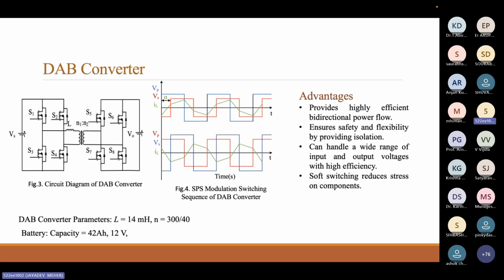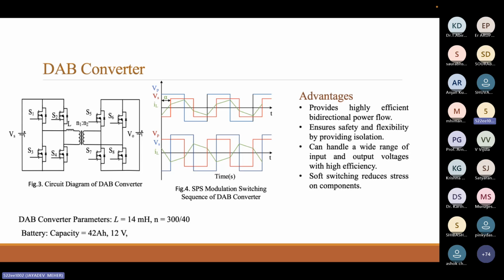Okay, then the DAB. Why a DAB converter? We are choosing it compared to the buck boost converter. We could use a bidirectional buck boost converter, but we choose the DAB converter because it gives the additional benefit of soft switching. Whenever you use this system for high power, you need high frequency switching and you need to eliminate the switching loss, which will be high. For that you use soft switching, which eliminates the switching loss.